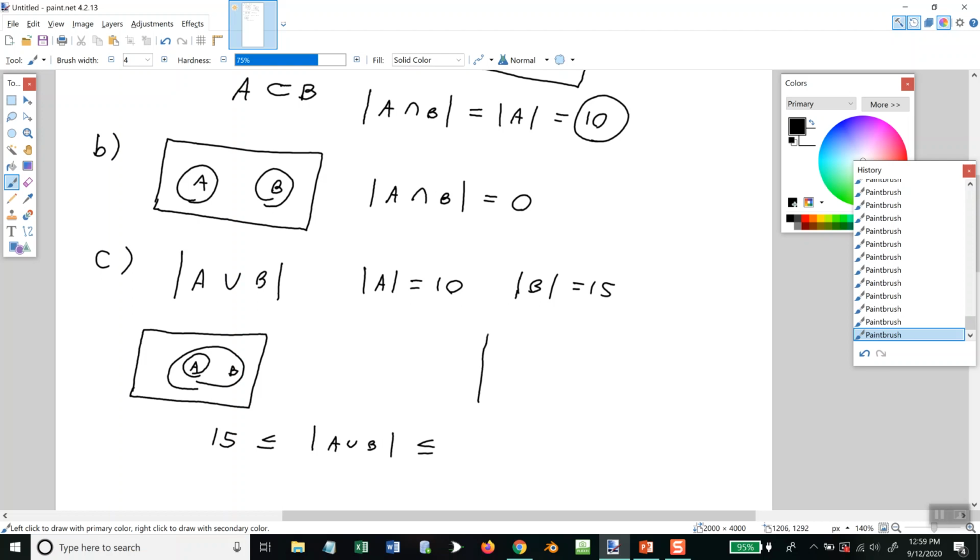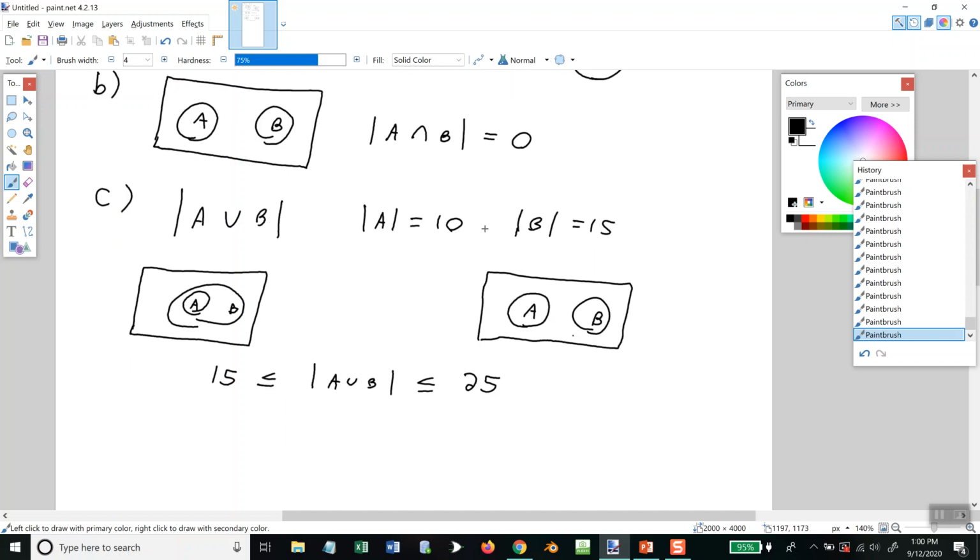Now, the other possibility is where they have no elements in common. So you have A here, which has 10 elements. You have B here, which has 15 elements, and nothing in common. This would give us a total, if I did a union of them, 10 plus 15 would give us 25. Okay, so that's our range.